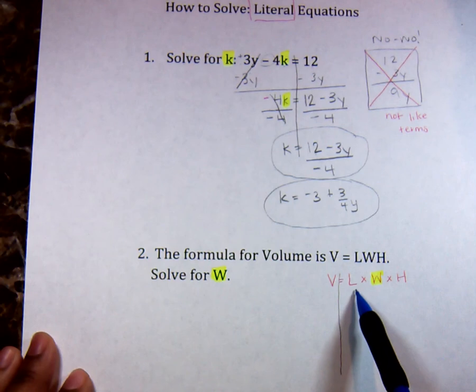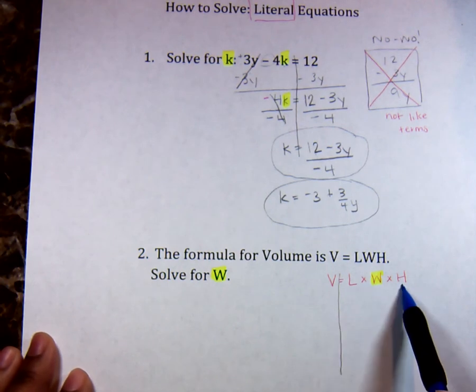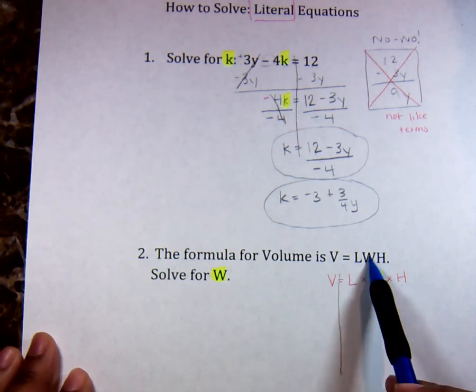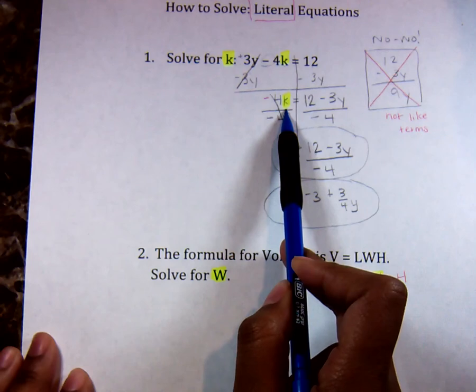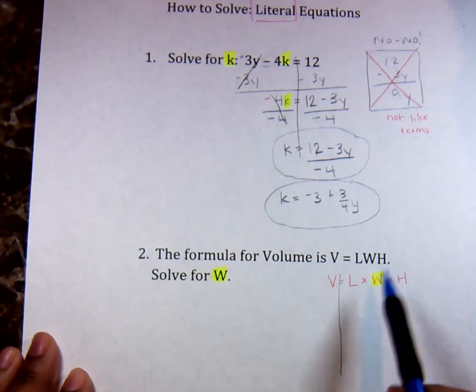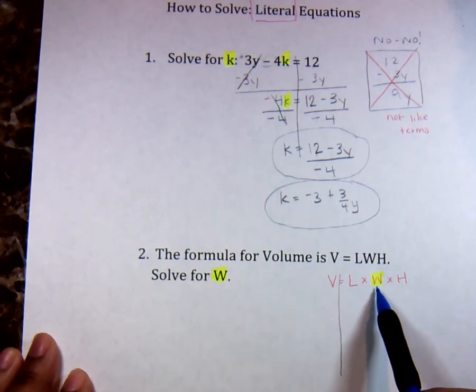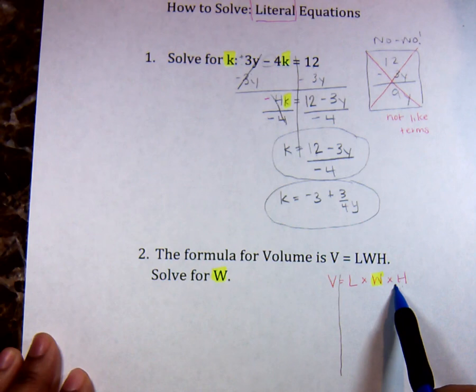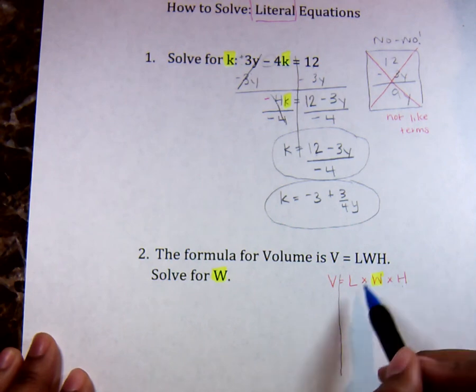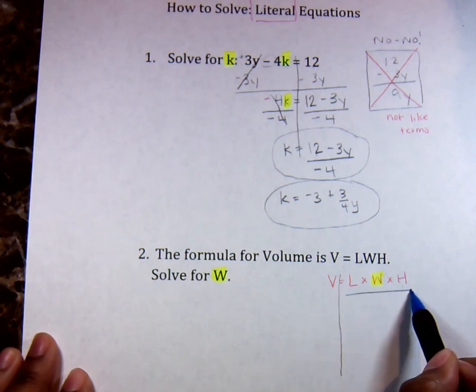So now my goal is to figure out how to get rid of the L and the H. Because again, I want W by itself just as I wanted K by itself. Because I see here that L, W, and H are all connected by multiplication, I need to do the inverse, which is division. So I'm going to divide.